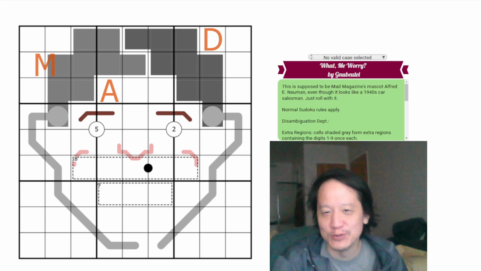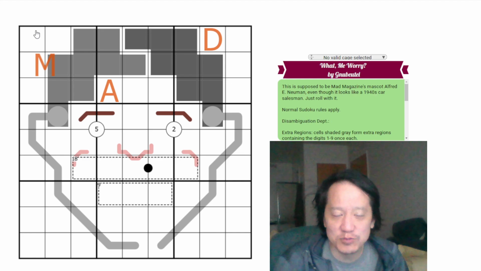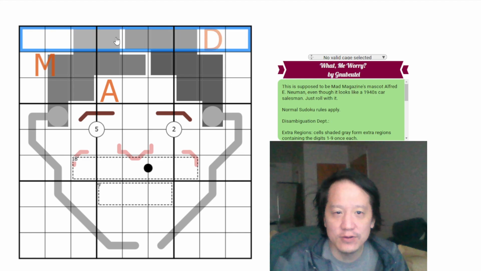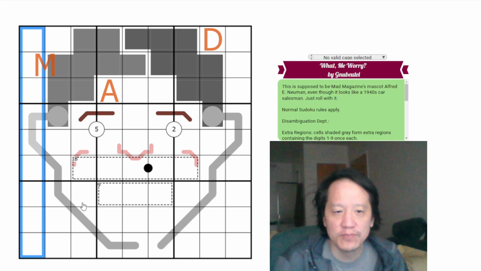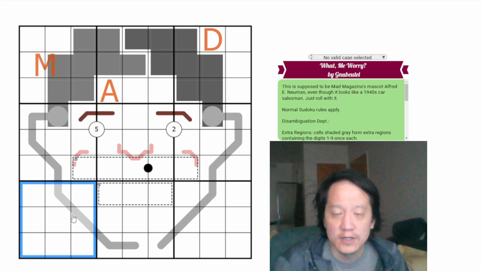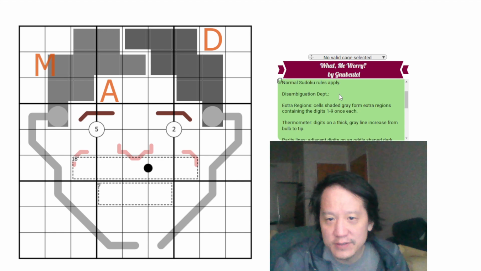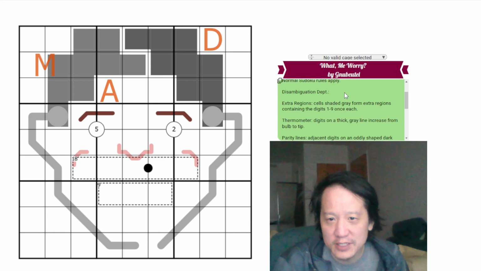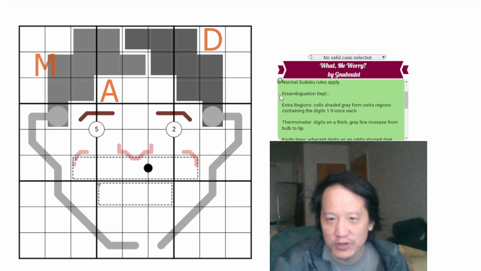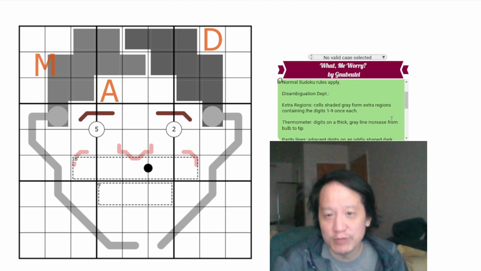Normal Sudoku rules apply, which means place the digits 1 through 9 in every row, every column, and every box. Disambiguation department. Okay, I don't know what that means. It just says disambiguation department. Extra regions.